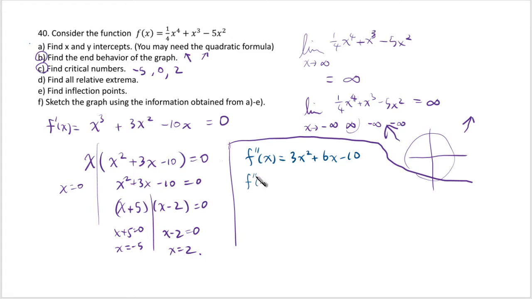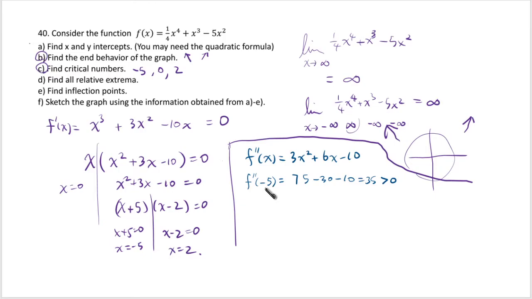So f double prime of -5 would be 25 times 3, that's 75. -5 times 6 is -30, minus 10, so that's 35, which is positive.